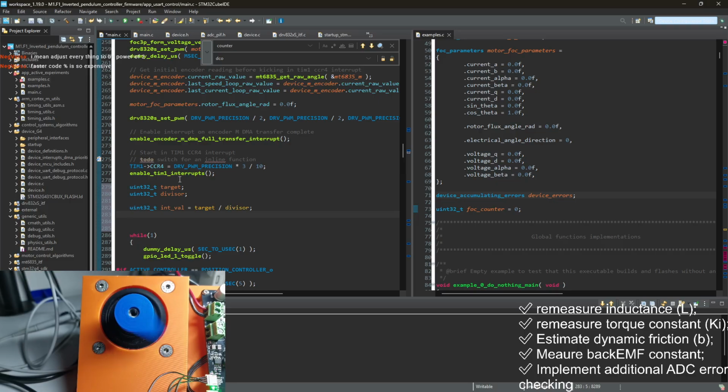And then you do like if int val multiplied by divisor is equal to target. Oh, no. This is the wrong operation.